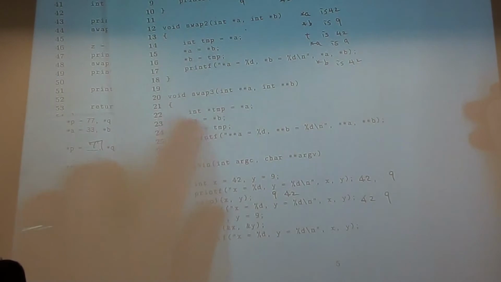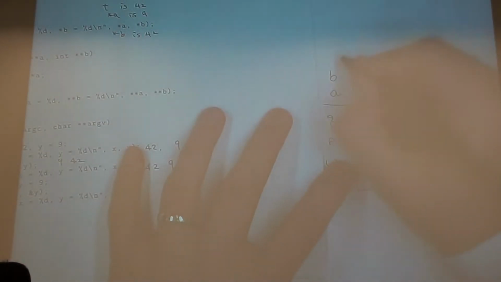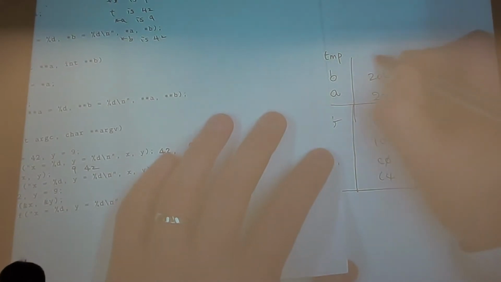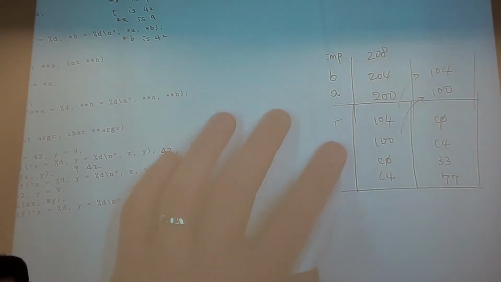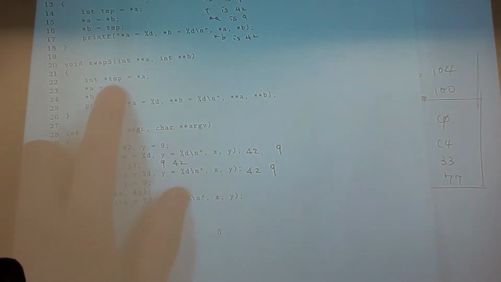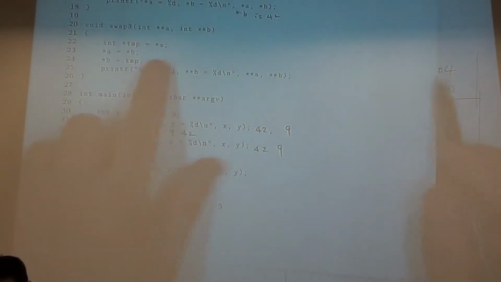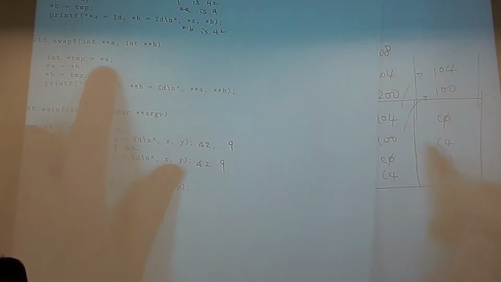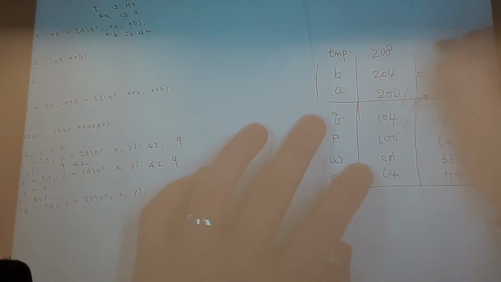Then temp is a pointer. Let me say 208. So temp is a pointer, and temp's value is from A's address, A's value. This means I take A's value, which is 100, and I go to read the value at 100, so temp's value is going to be C4.